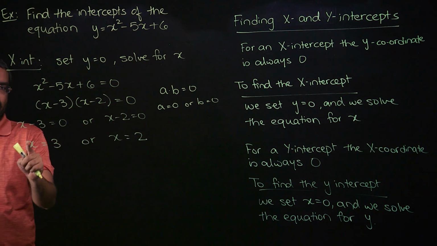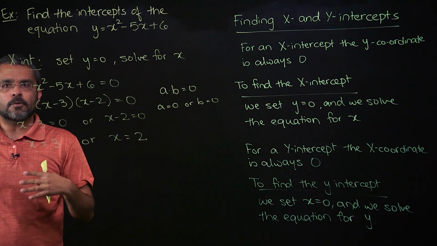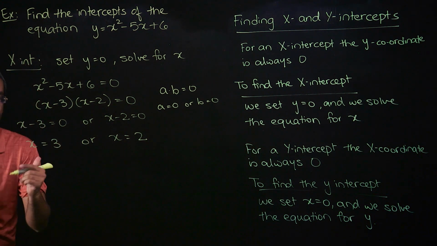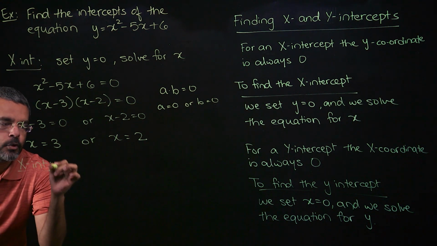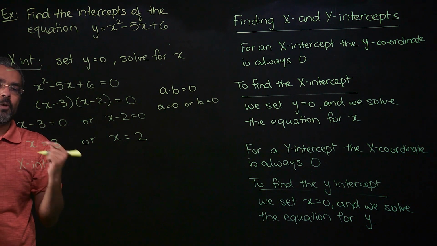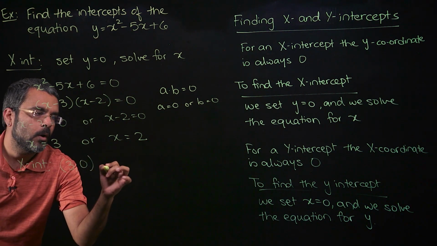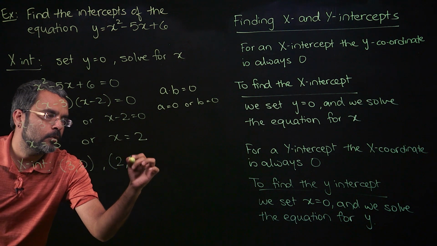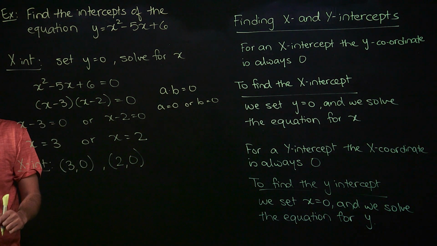So I have two intercepts. I have x equals 3 and x equals 2. But we need to write these in terms of their coordinates, right, as a coordinate point. And so my x-intercepts, I have two x-intercepts. Remember, the y-coordinate is always 0. So in this case, I have 3, 0, or I have 2, 0. Okay, so I have two x-intercepts for this function.